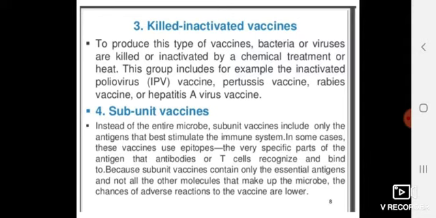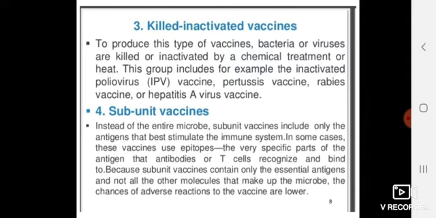Then another one, the subunit vaccine. Here subunit vaccines include only the antigen that best stimulates the immune system. Here a subunit of the antigen is introduced. In some cases this vaccine uses epitopes, the very specific part of the antigen that antibodies or T cells recognize and bind to.